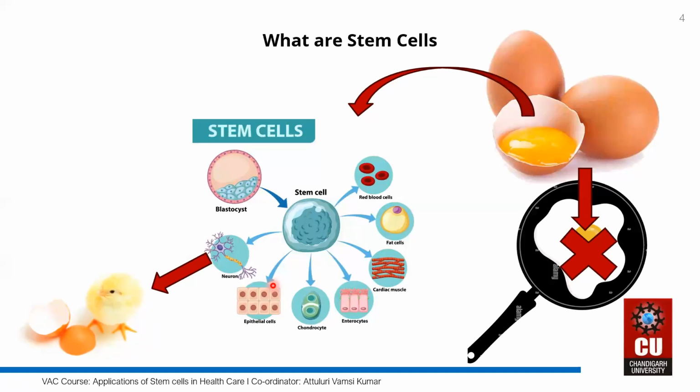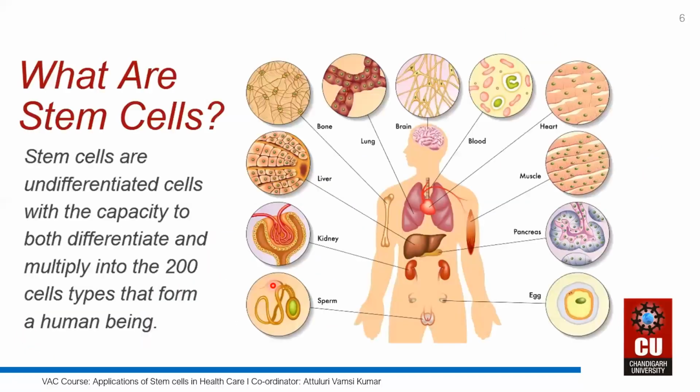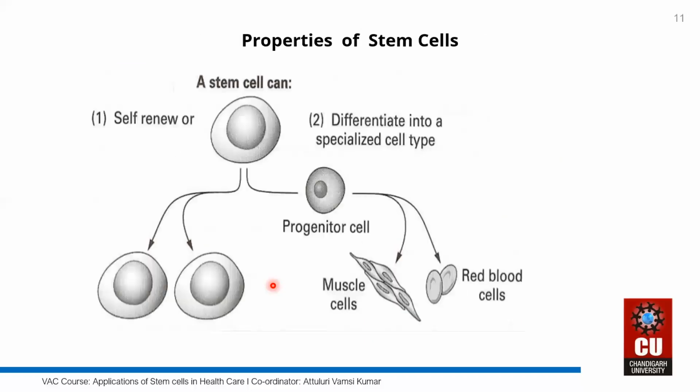Now listen, I will give some terms and these terms are very important. Stem cells have two properties. Those properties are the self-renewal property and the differentiation property. Differentiation means conversion of one cell to another type of cell.